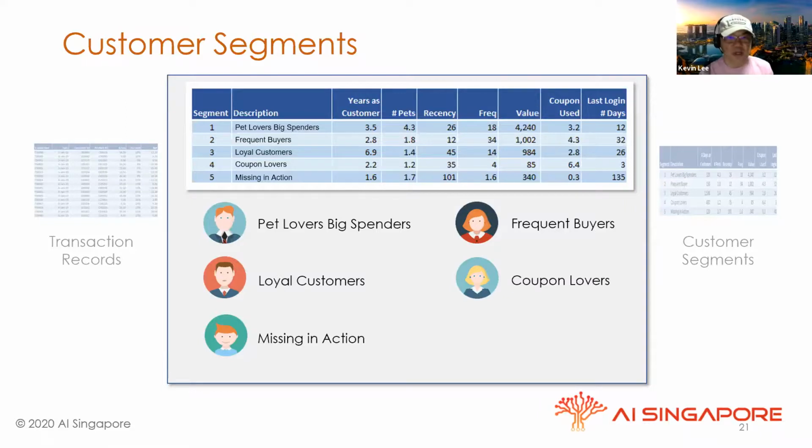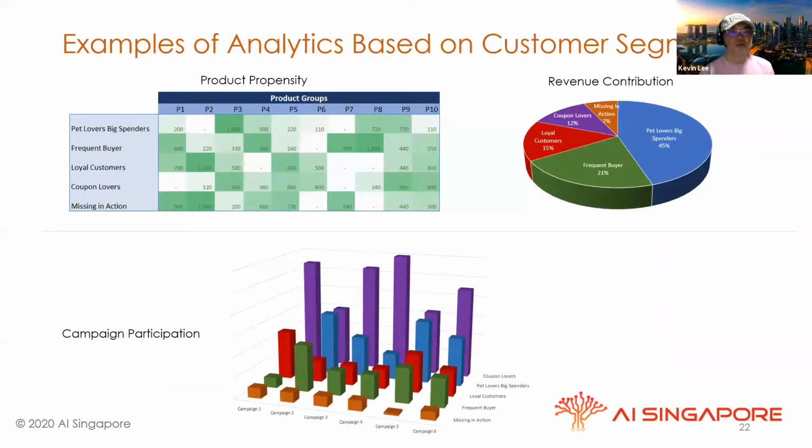And given this kind of grouping, then you will be able to do much more interesting analytics. Like you will be able to do a product propensity, meaning that out of your product groups, these different clusters of customers have a different propensity to purchase. Like the higher number means they will likely buy more of that kind of product. Or you can also look into your product or revenue or profit contribution based on different clusters to do analysis of which type of customers are more important to you and less important to you.